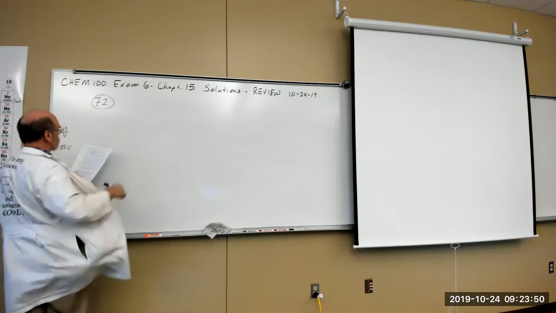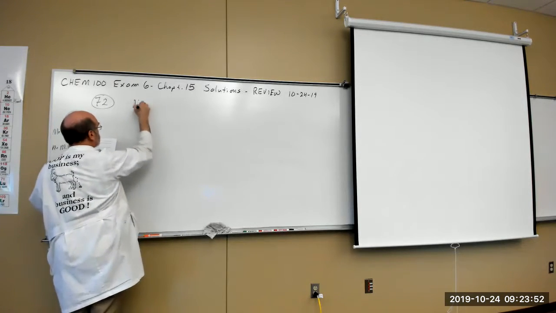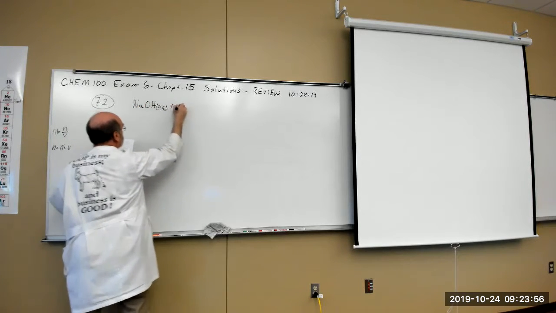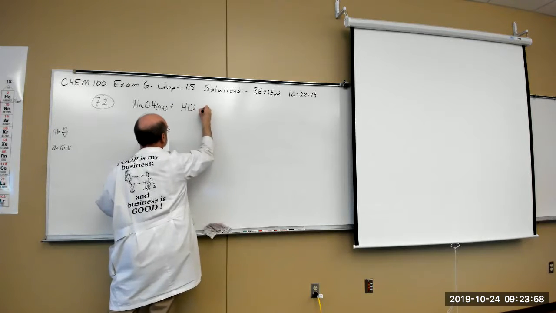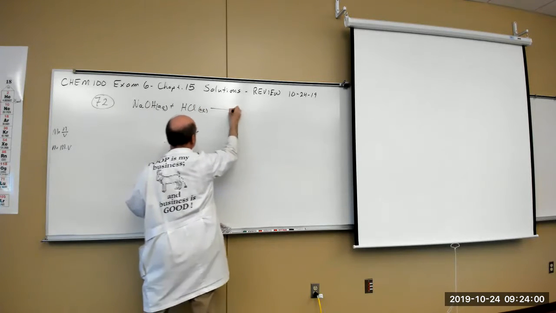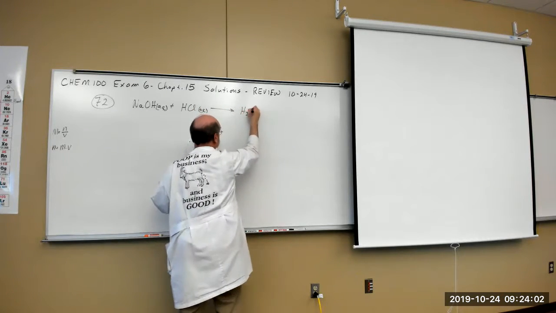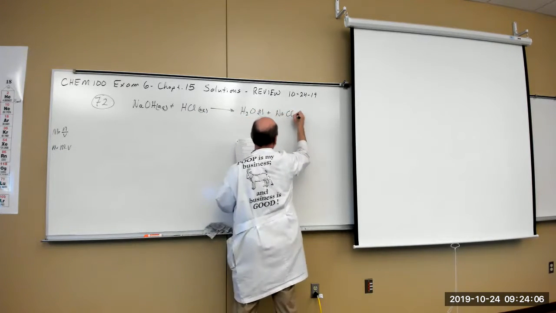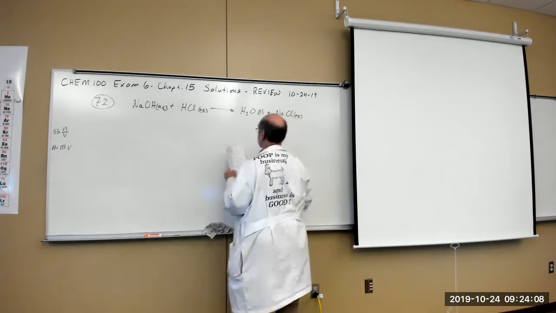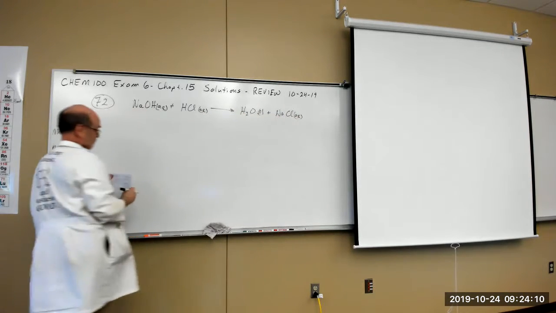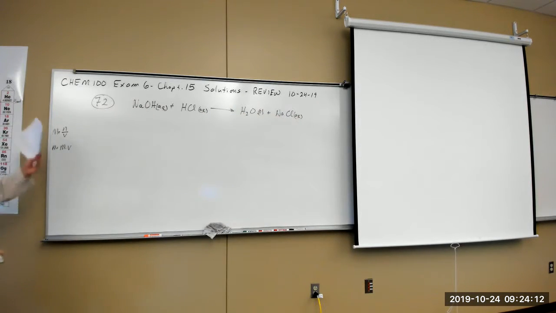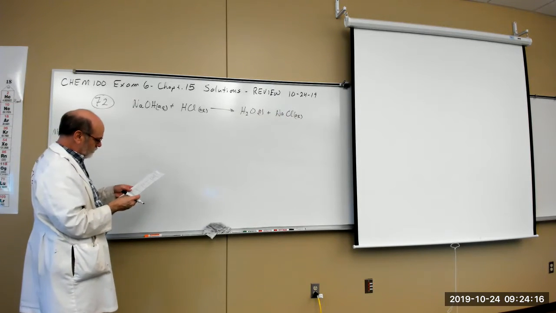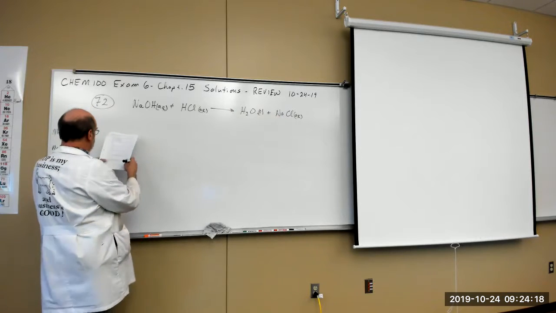Right? So the reaction is going to be sodium hydroxide plus hydrochloric acid yields water plus sodium chloride. Okay, and fortunately, it's already balanced. So we write in what we know.